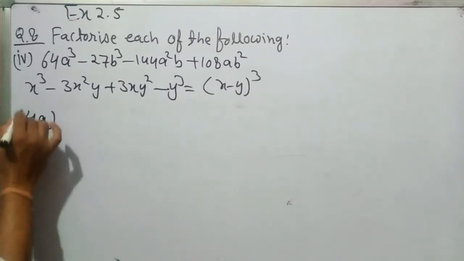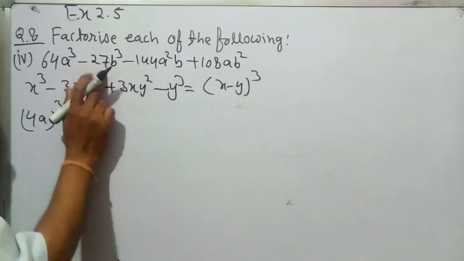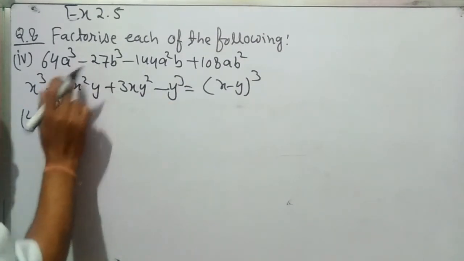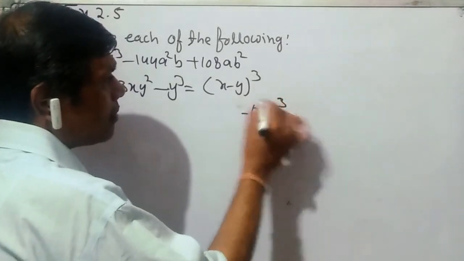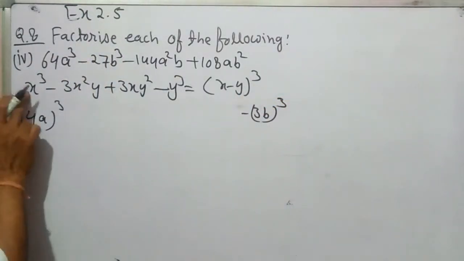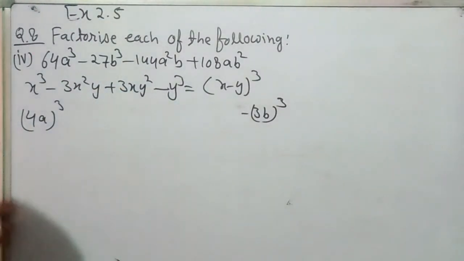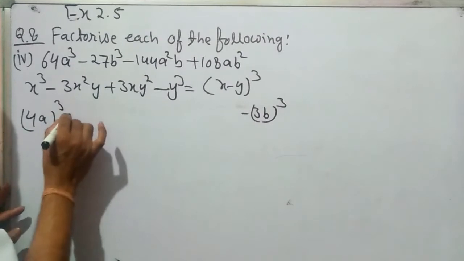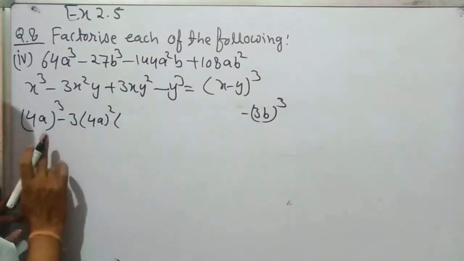It is the cube of 4a. What is y cube? 27b cube. It is a cube of 3b. So in place of x, 4a. In place of y, 3b. Put the remaining two terms, minus 3 x square, 4a square.